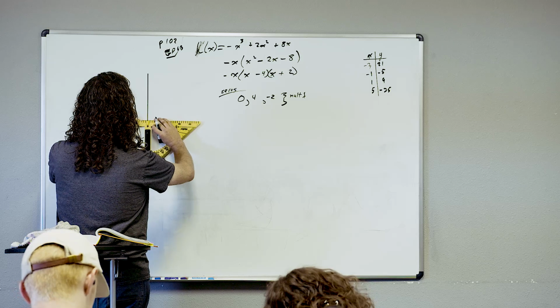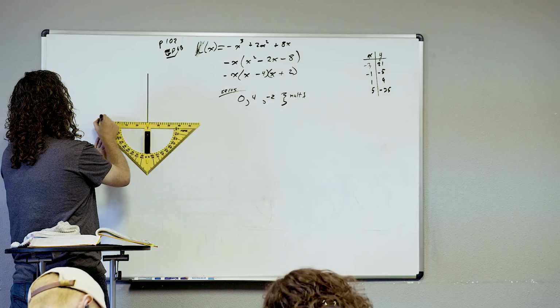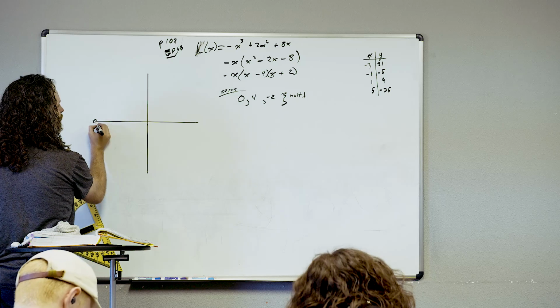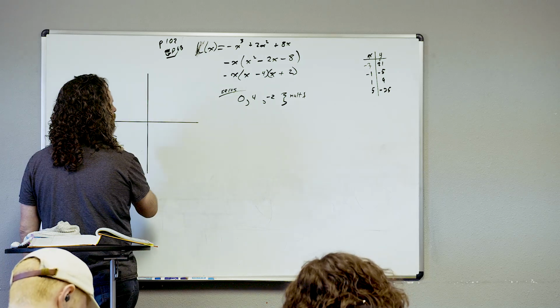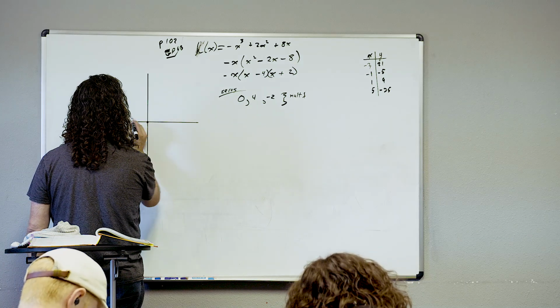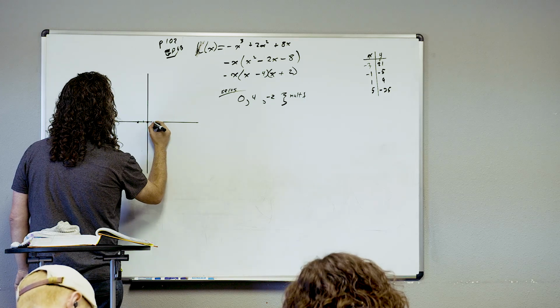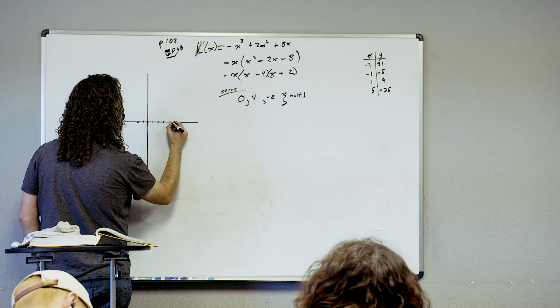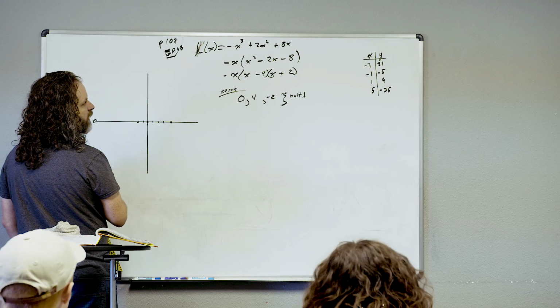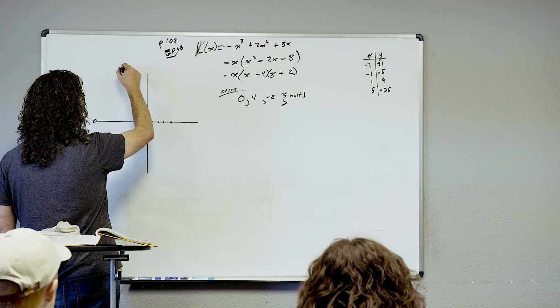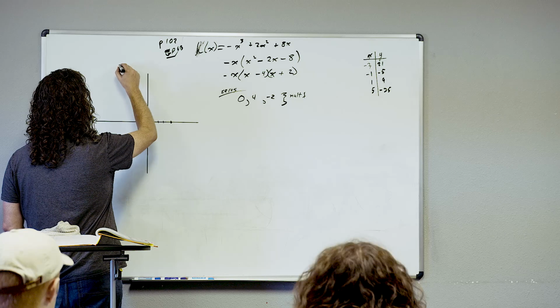Using all of our brains and our drawing ability to make something beautiful. So we put our zeros at 0, at negative 2, and at positive 4. Over here at negative 3, it's already up to 21, so way up there.